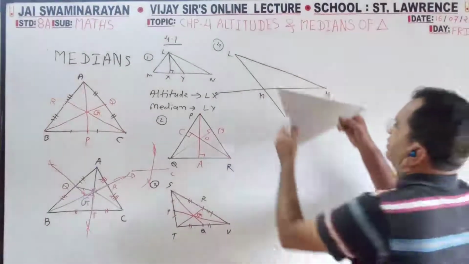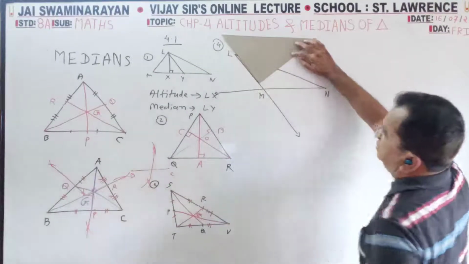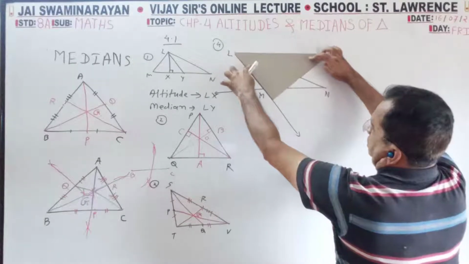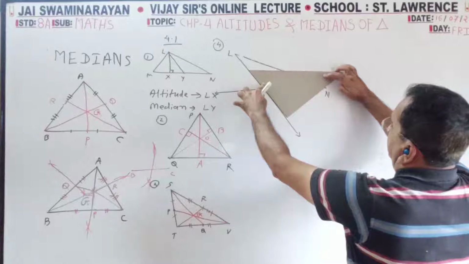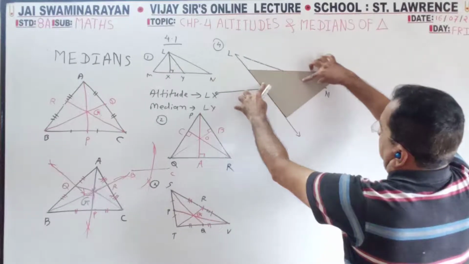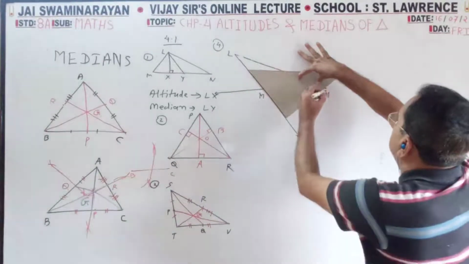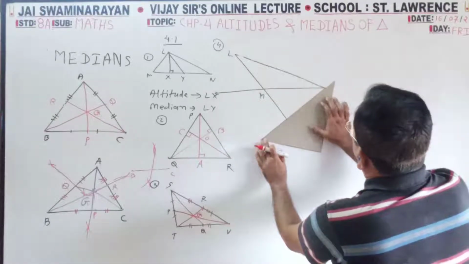Just move up to N. From here I have slid for N, and that I will extend.